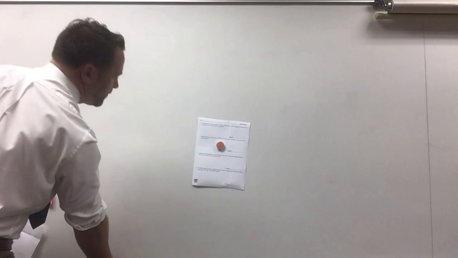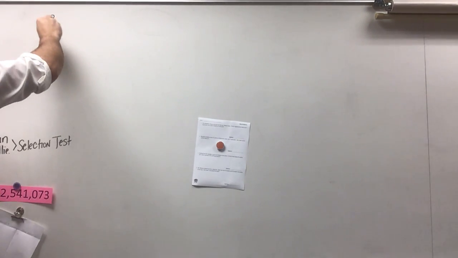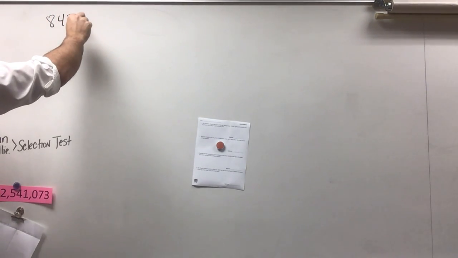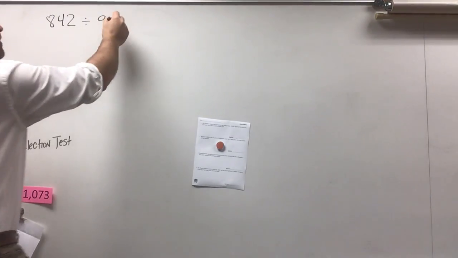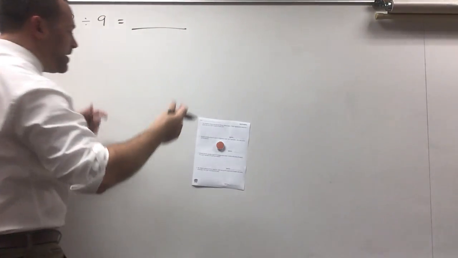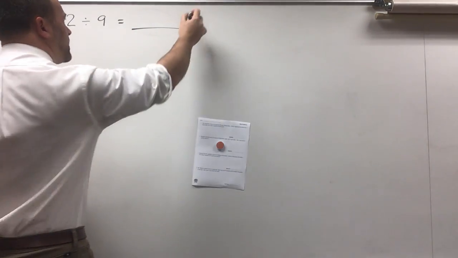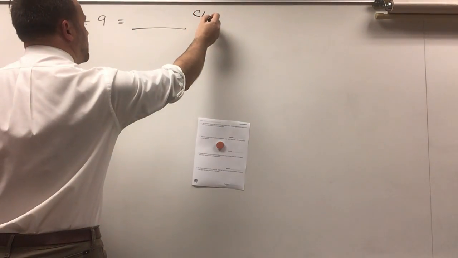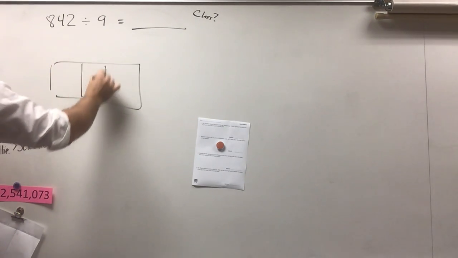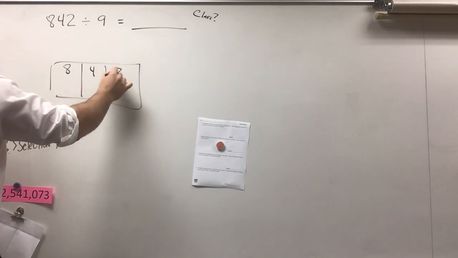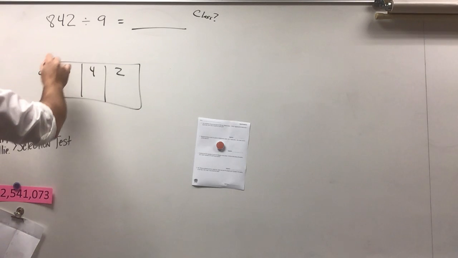Two more from yesterday. 842 cupcakes. We gave them out to 9 classes. How many does each class get, right? All right, 3 digits, 3 boxes, 842 divided by 9. 9 doesn't go into 8.